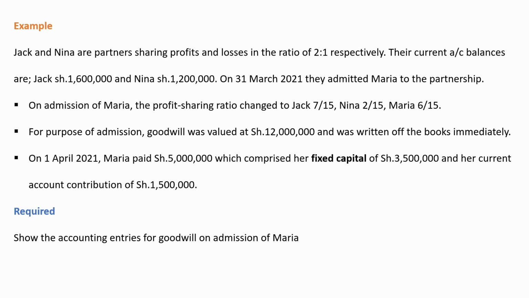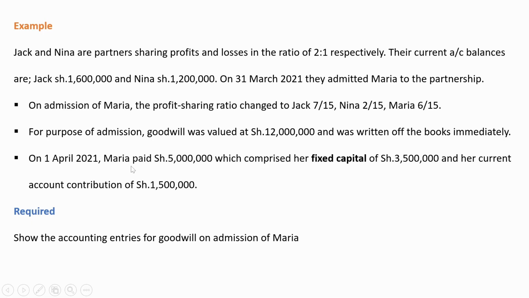Before you start showing the accounting entries, there are a few things you're supposed to ask yourself. One thing is, is the goodwill introduced in the form of cash? Is the new partner required to pay goodwill in the form of cash?